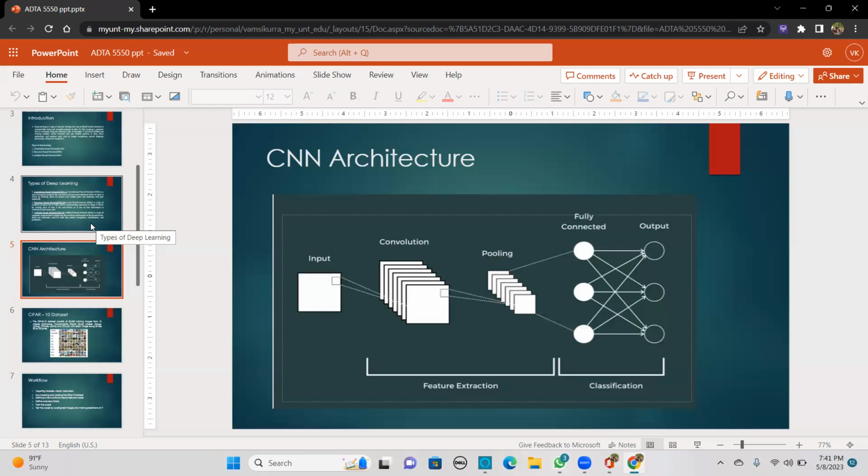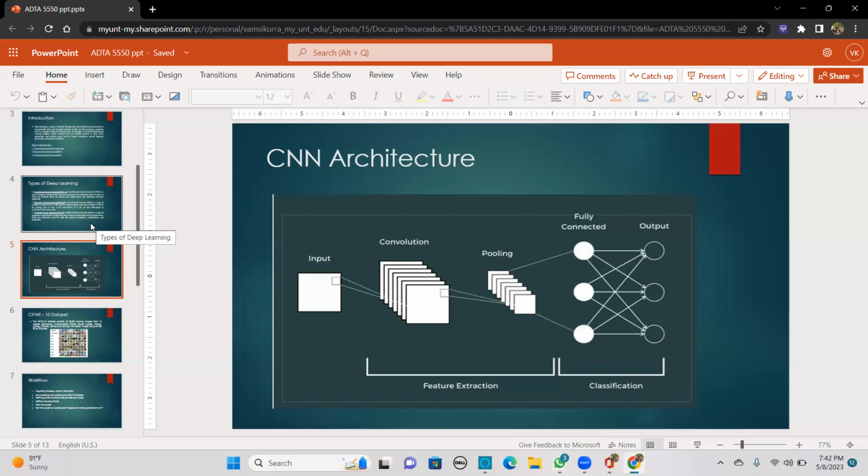And the next one, activation function. Each neuron in a CNN has an activation function that introduces non-linearity into the network. The most commonly used activation function in CNN is the rectified linear unit, which sets all negative values to zero and retains all positive values.